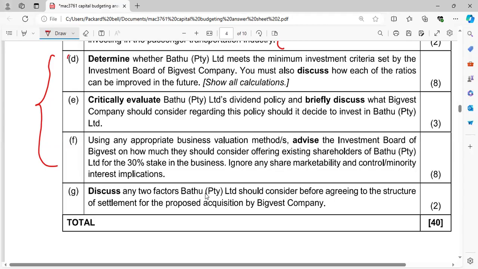Any question? Yes, I would like to ask something. Are we not supposed to separate depreciation from the cash flows for tax purposes?